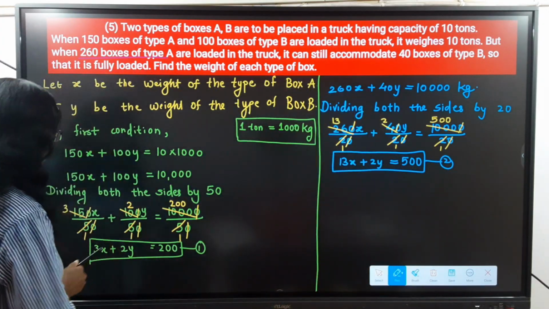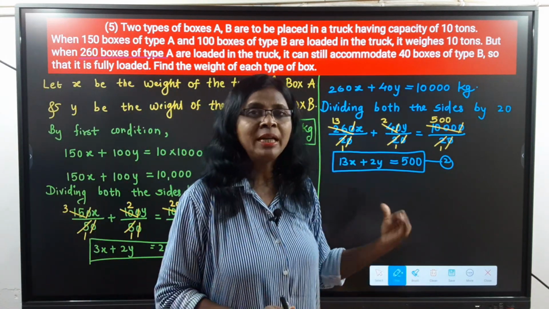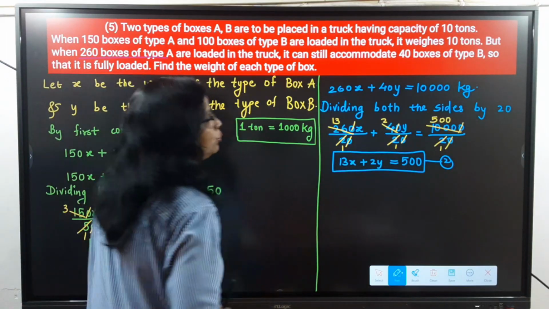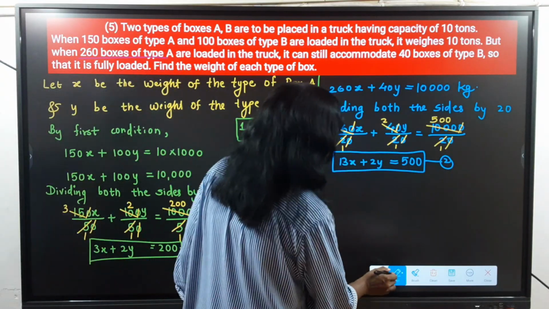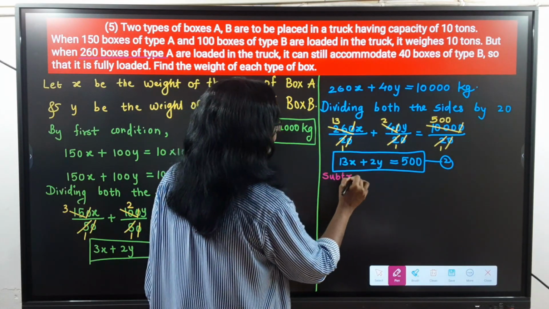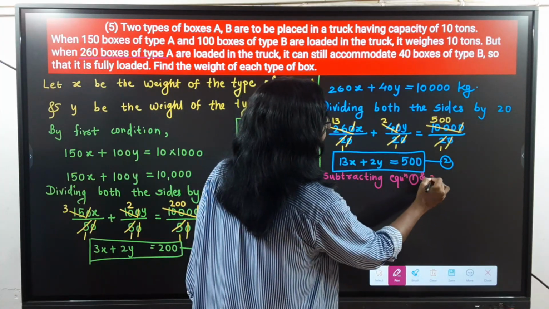Now here students, we have the two equations, and we can solve these two equations with any method, but I use the elimination method here, because here is 2y, here is also 2y. So subtracting equations 1 and 2.